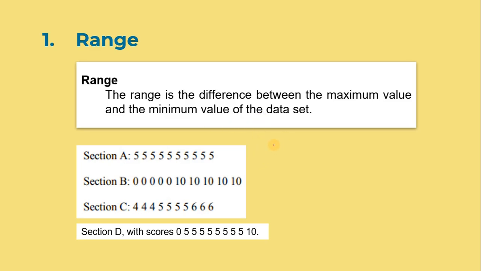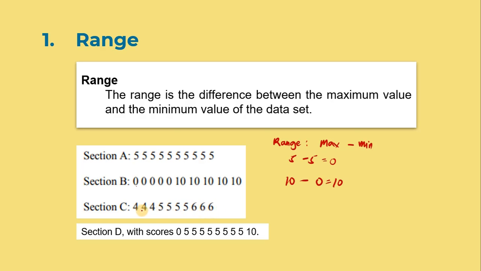Kani sa section A, range is maximum minus minimum. Maximum value here, it's just 5 minus 5, 0. Kani. Maximum is 10 minus 0, 10.